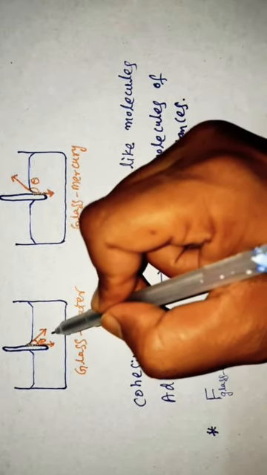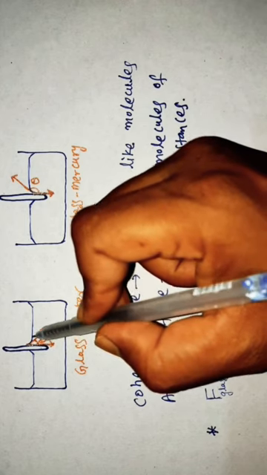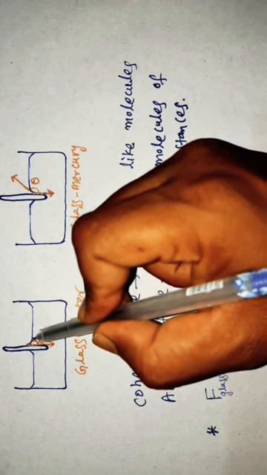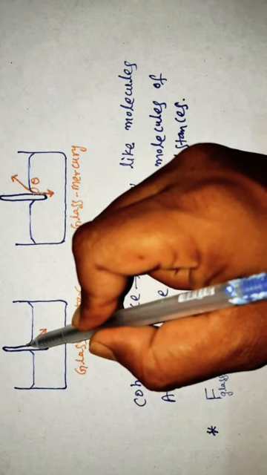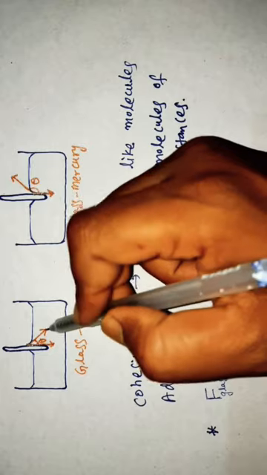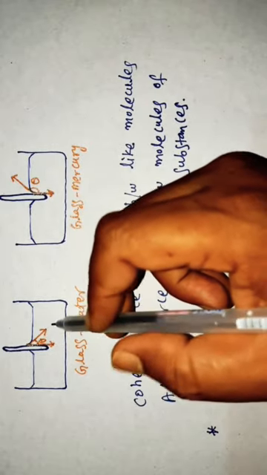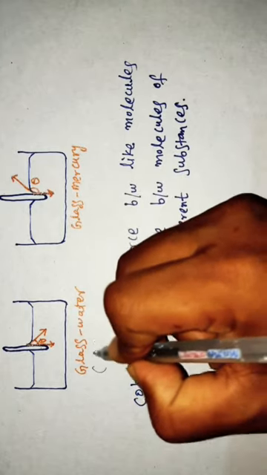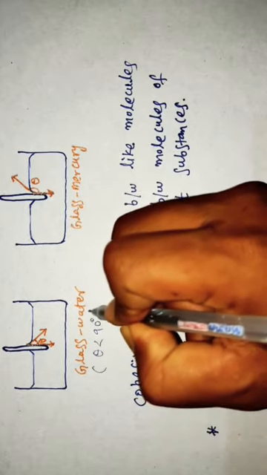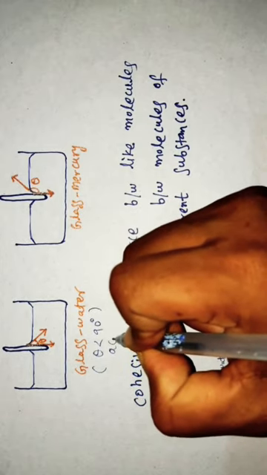Hence, water wets the glass. The level rises in a curved shape at the point of contact. In this case, the angle of contact is less than 90 degrees, that is acute. Here theta is less than 90 degrees.